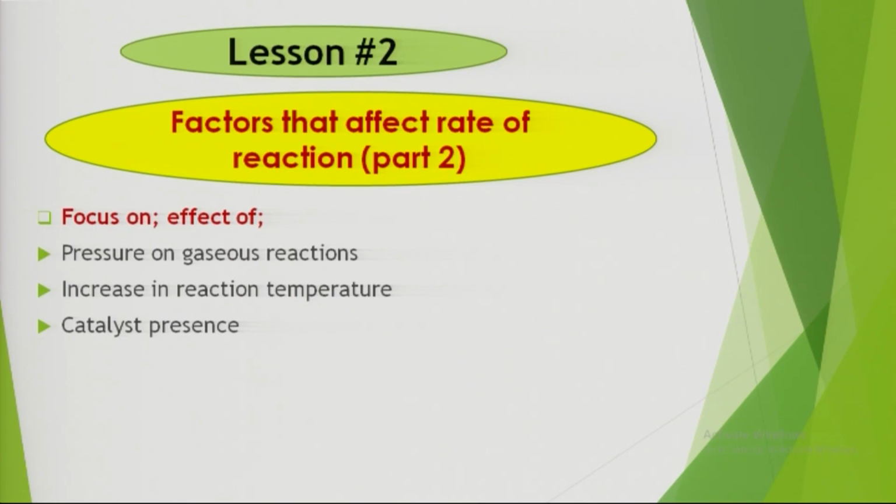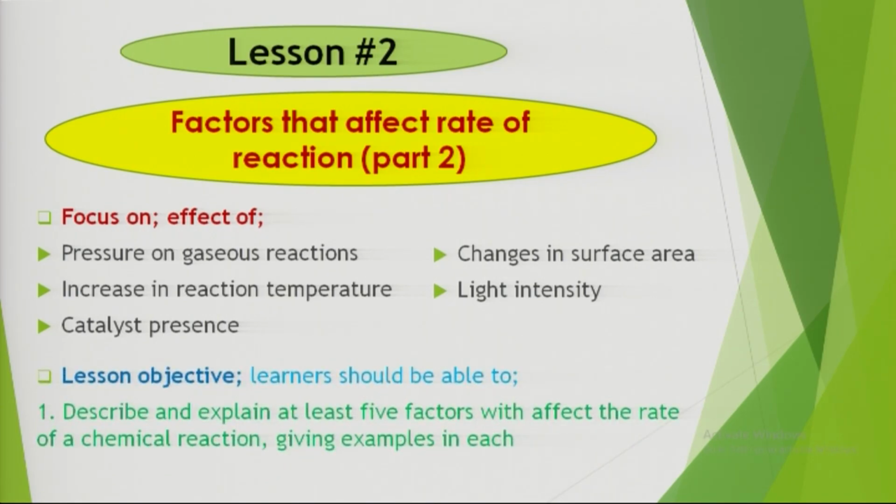Suppose you add a catalyst in a chemical reaction, what happens to the rate? And if you have, for instance, a whole solid and you break it into different small bits, how will the reaction change? Or suppose you have small bits and you bring them together to form a lump, how will the reaction rate change? So these are the factors we shall dwell on mainly, and this takes us to our objective.